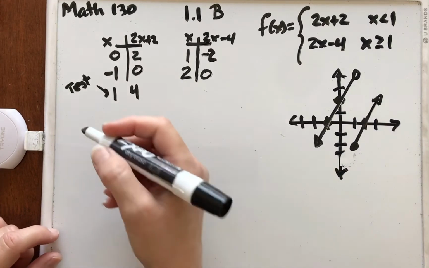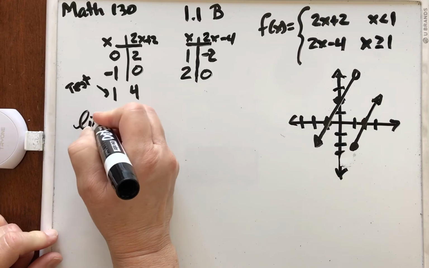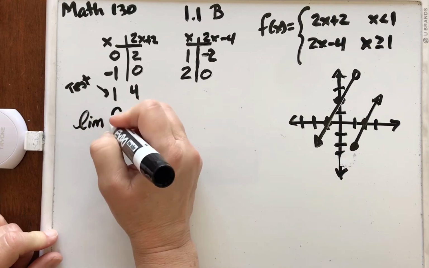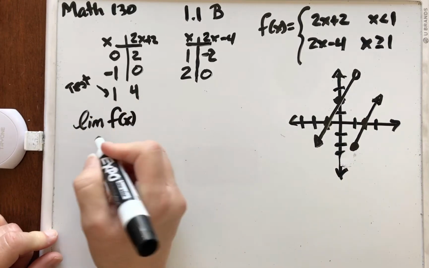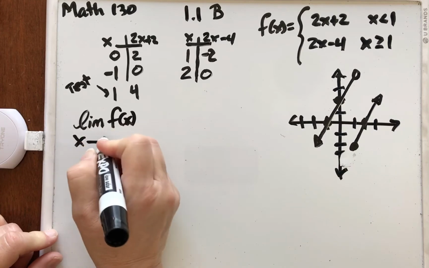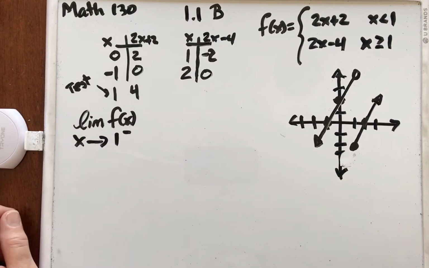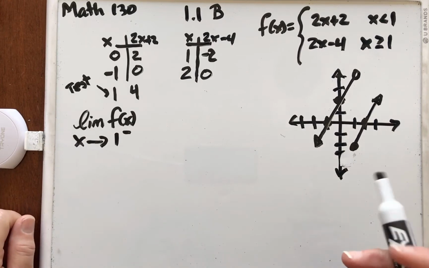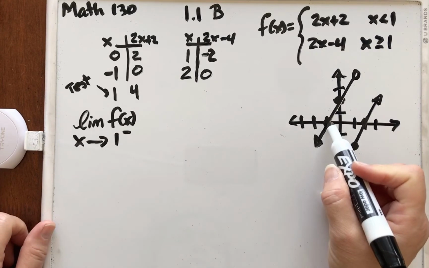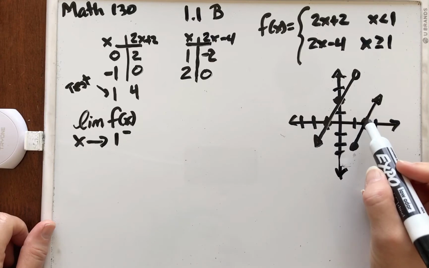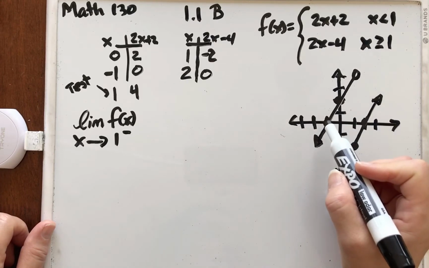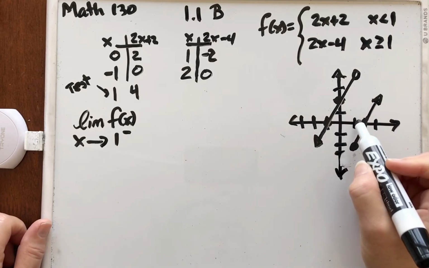Okay, so now let's look at the limit. The limit of f of x as x approaches 1 from the left. Okay, as x approaches 1 from the left, here's 1.